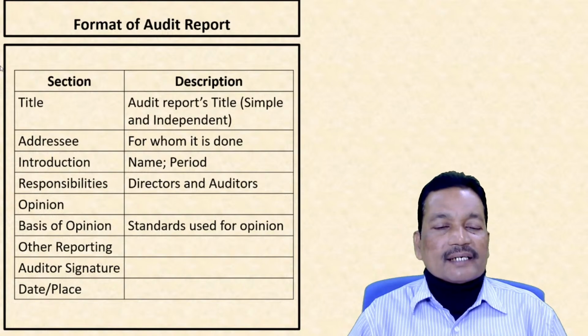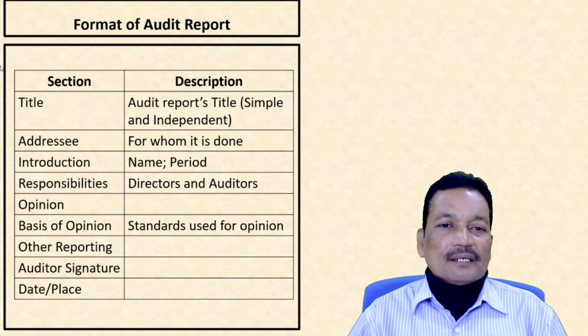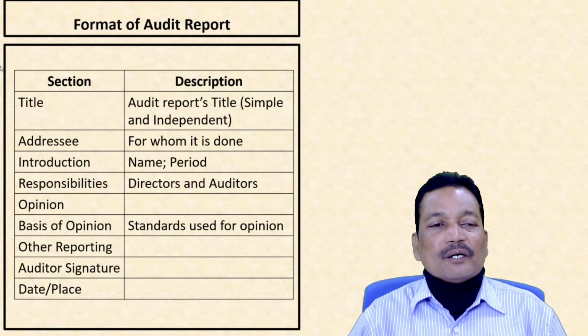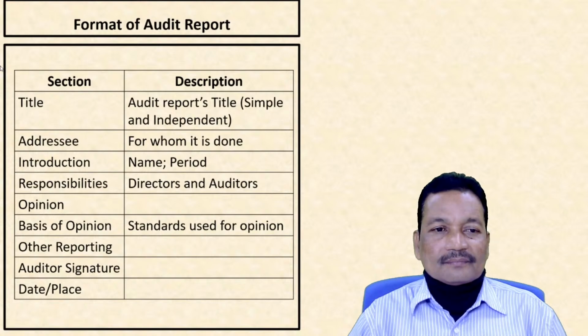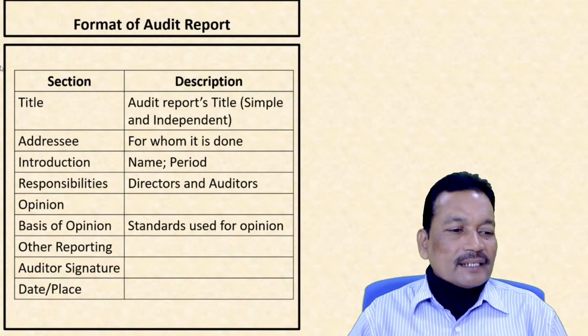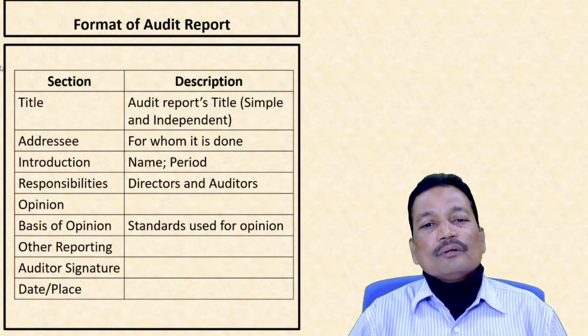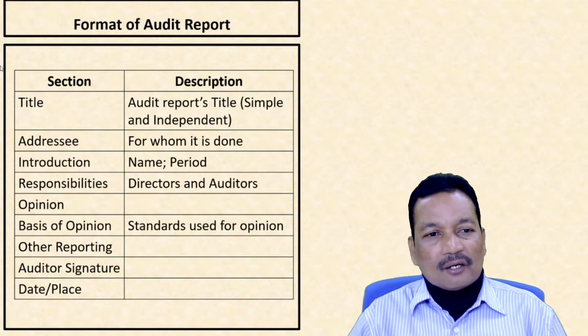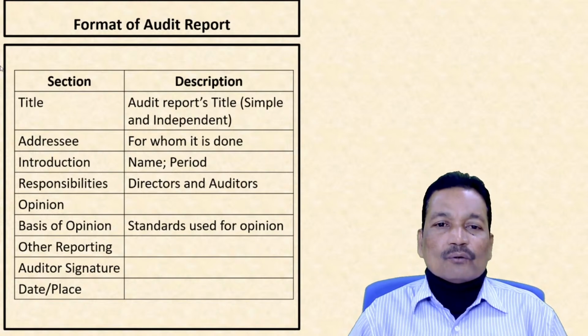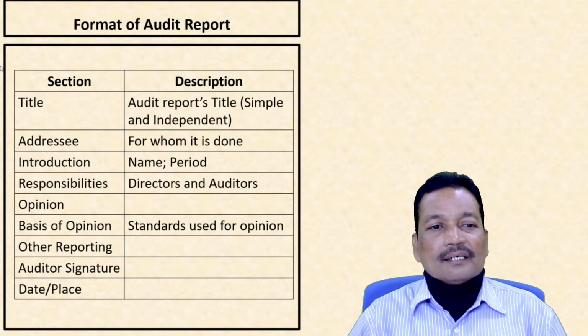So the audit report's title should be very simple and it should be independent. That means it should be unbiased. Addressee. Now the audit is always carried out for another organization by the audit party. So for whom it is done is our addressee.